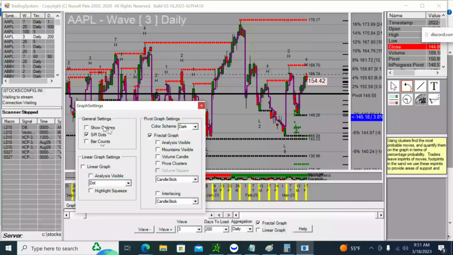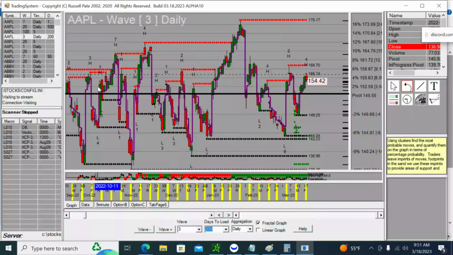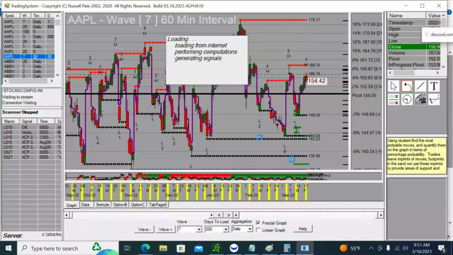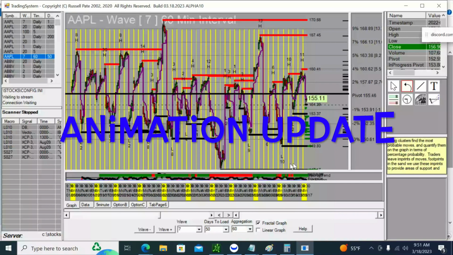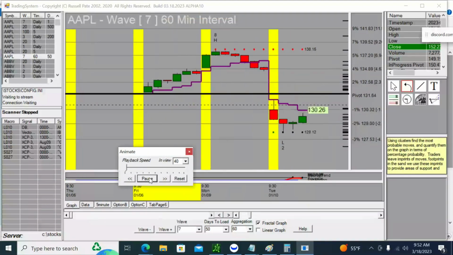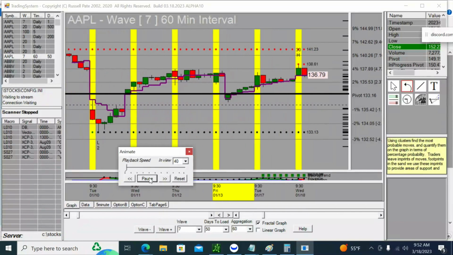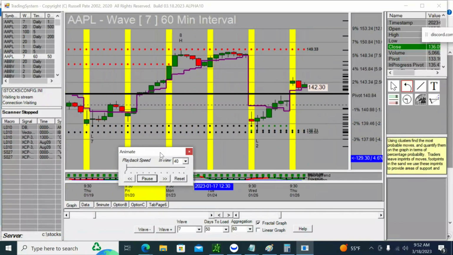And then the animate. Sometimes I'll use the animate because it'll help strengthen how I'm seeing the moves.